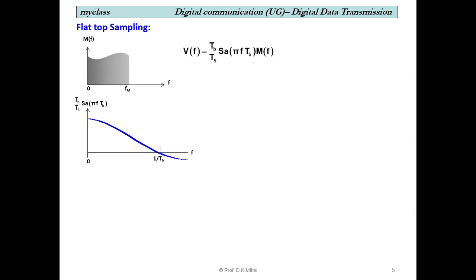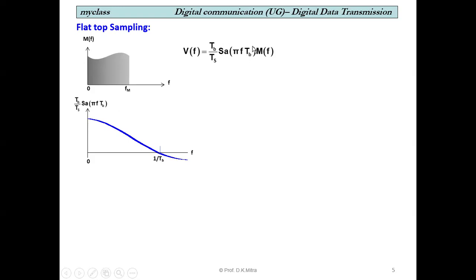That means the value of the function is highest at 0, and goes on decreasing as the frequency increases. And at f equal to 1 by TB, it becomes sampling function pi f, which is sine pi f by pi f, so it is 0.